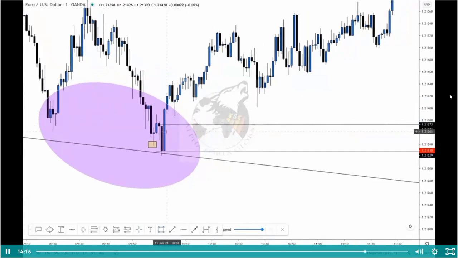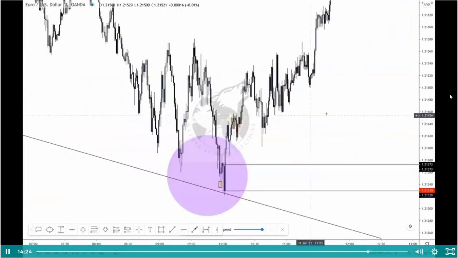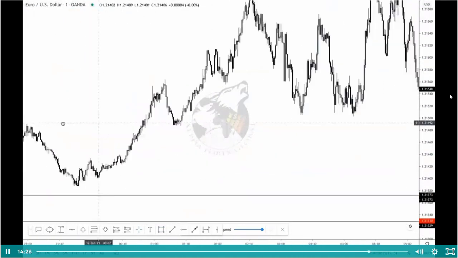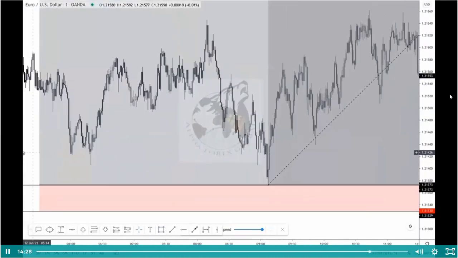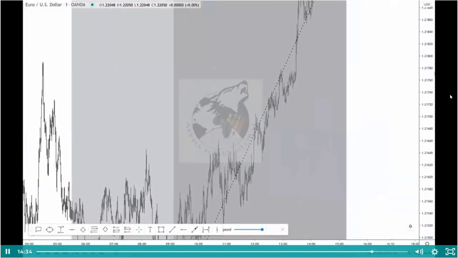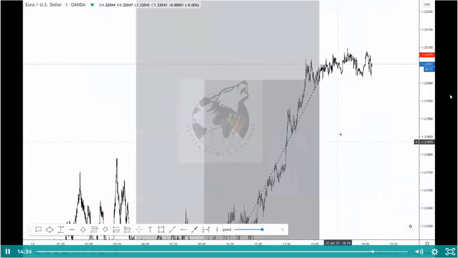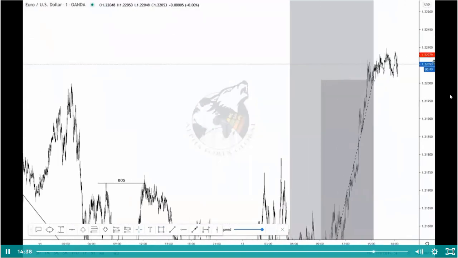So this right now would be my entry once price taps back to collect, to close their orders on this order block right here. That would be my entry, right? And notice how price came back and tapped the 0% and then went off. We're currently at about 70 pips in profit.